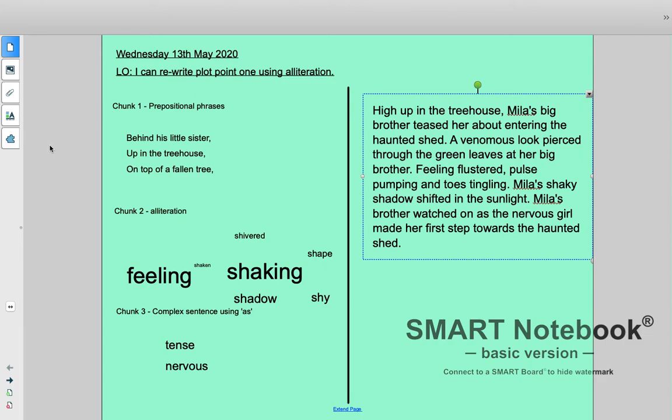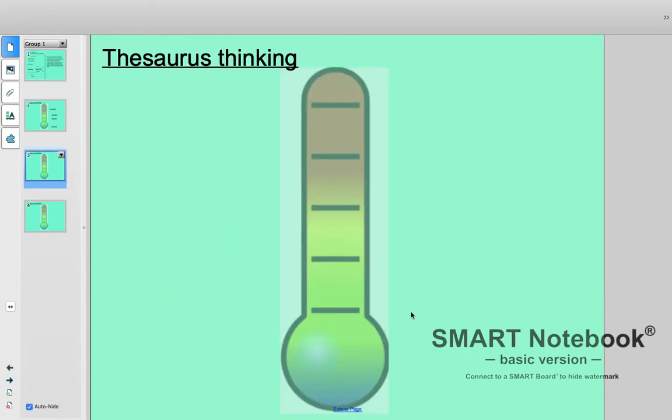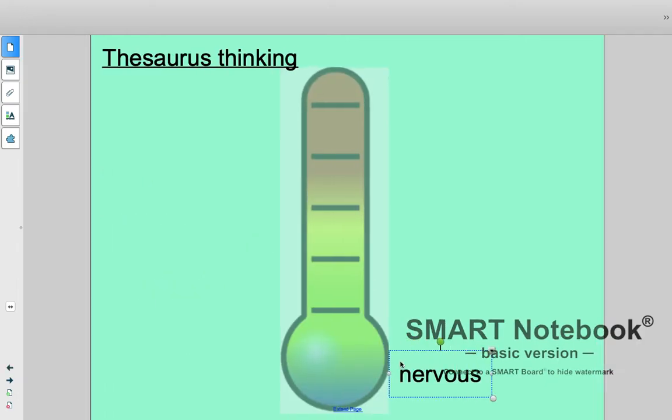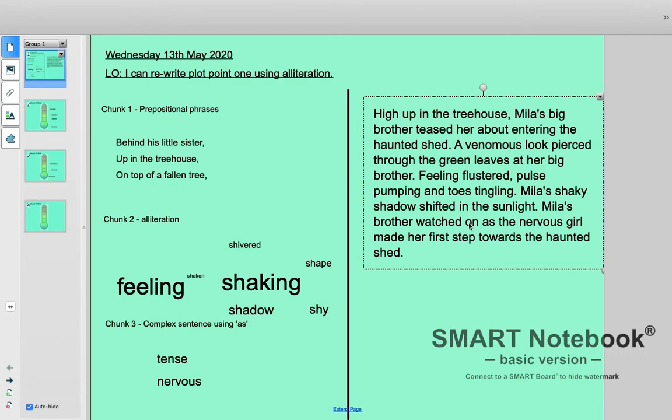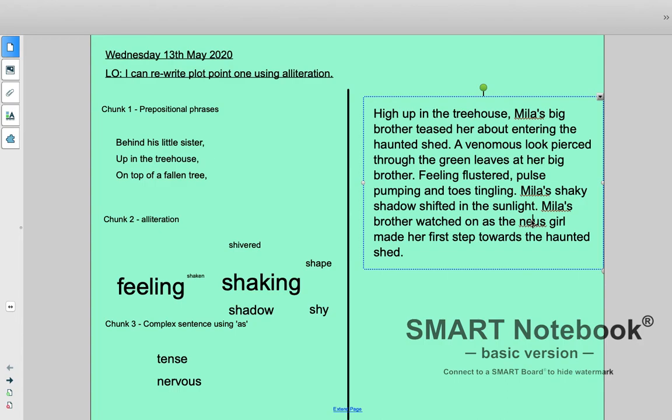So if I go over to here, I'm going to write nervous down here. What other words? Okay, anxious. Trembling. I like trembling so much, I'm actually going to use that in my writing, okay? I'm going to change nervous for trembling. Girl made her first step.